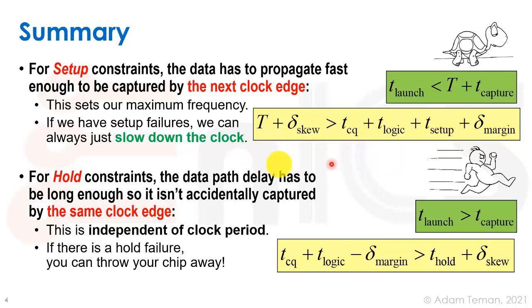So we need to make sure that the clock period plus the time it takes to capture from the capture register is going to be larger than the time it takes the data to propagate through the circuit. So that's going to be T capture minus T launch, and hold time is exactly the opposite of that.